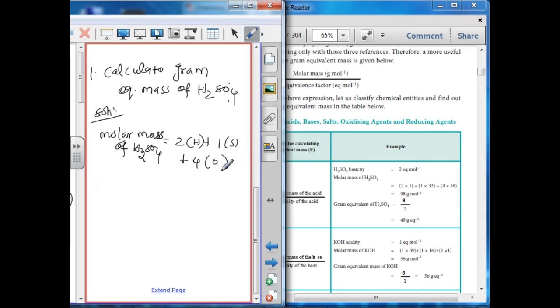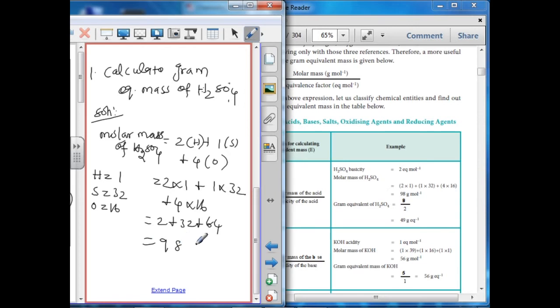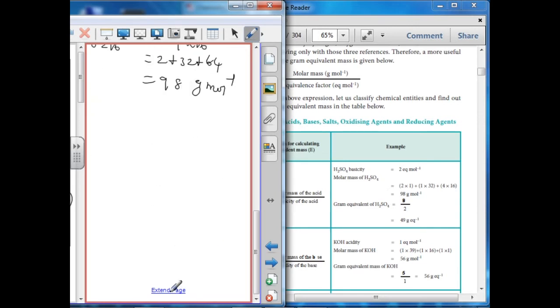The atomic mass of hydrogen equal to 1, sulfur equal to 32, oxygen equal to 16. So 2 into 1 plus 1 into 32 plus 4 into 16. So 2 plus 32 plus 64, 98 gram mole inverse. This is the molar mass of sulfuric acid.